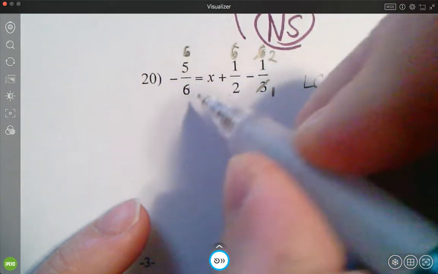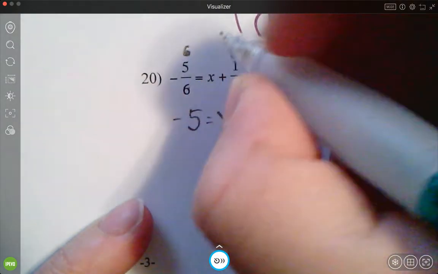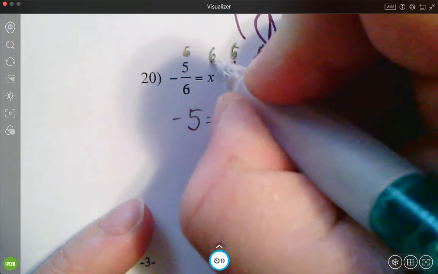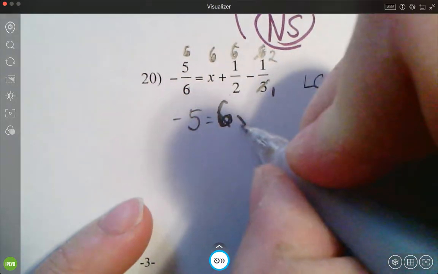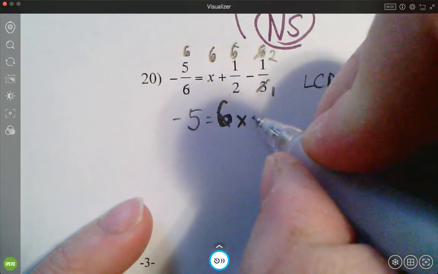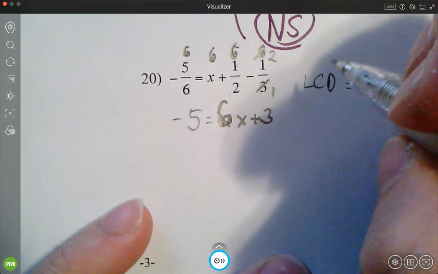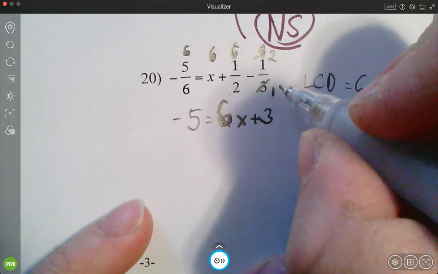So 6 times 5 is 30 divided by 6, which is back to negative 5, equals, ooh, gosh, I almost made a working mistake. Got to multiply everything by 6, not just the fraction. So this would then be 6x. And then this would be plus 3, because 6 times 1 is 6, divided by 2 is 3. And then if I cleared this one, I already cross-simplified here.